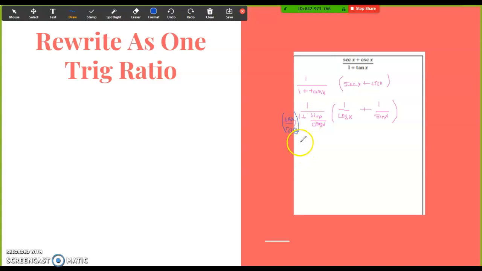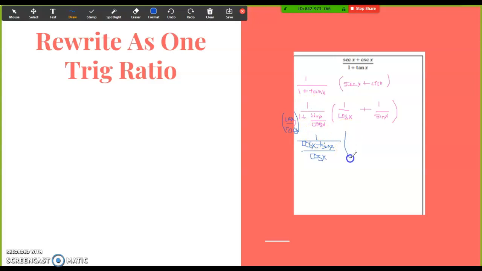And when we do that, we would end up with, in the numerator, cosine of x plus sine of x over cosine of x. Now remember, this is all still over a 1, right?